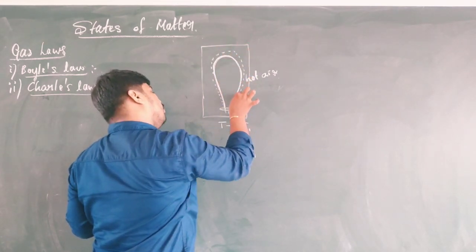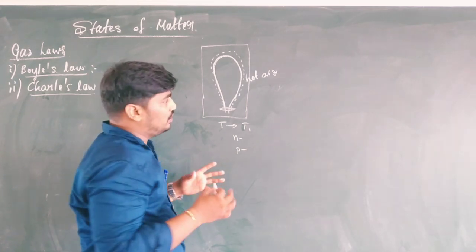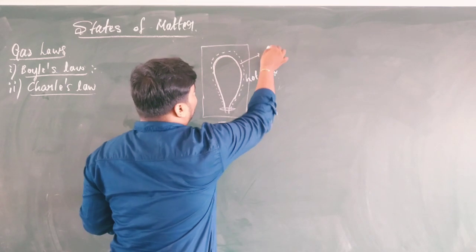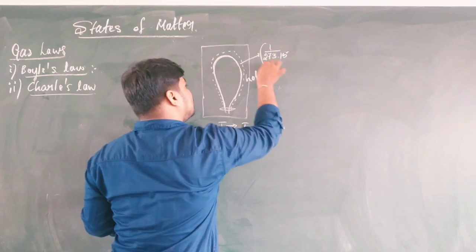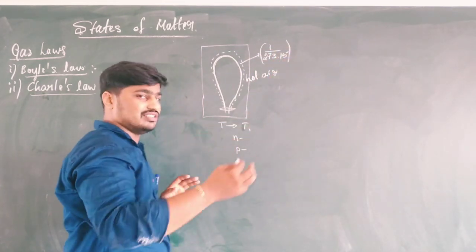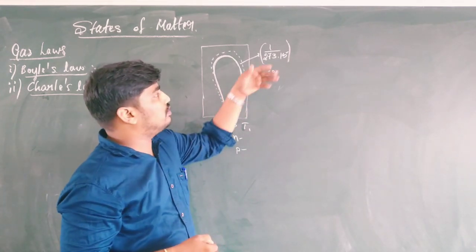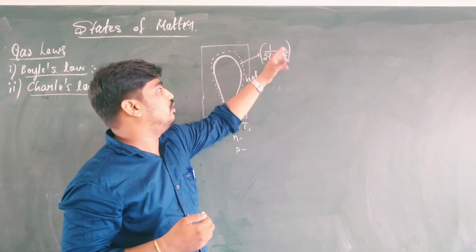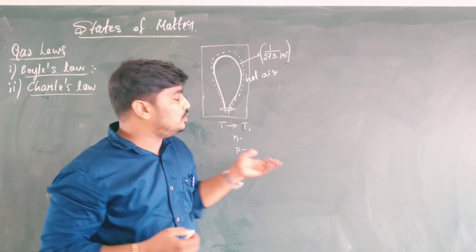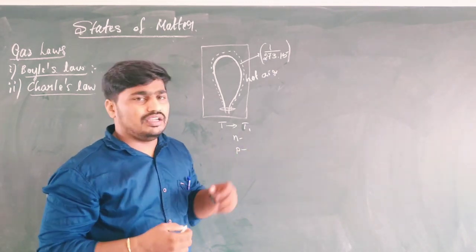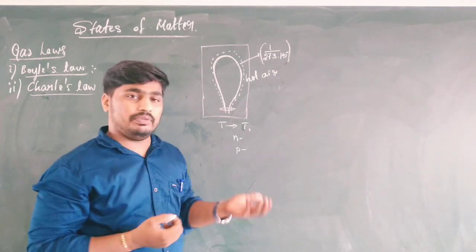How much? The volume of the balloon increases by 1 by 273.15 of its initial volume.